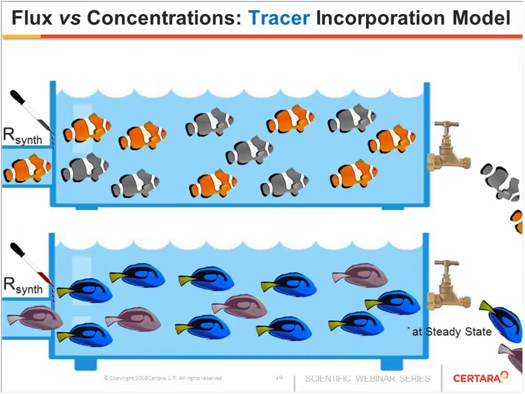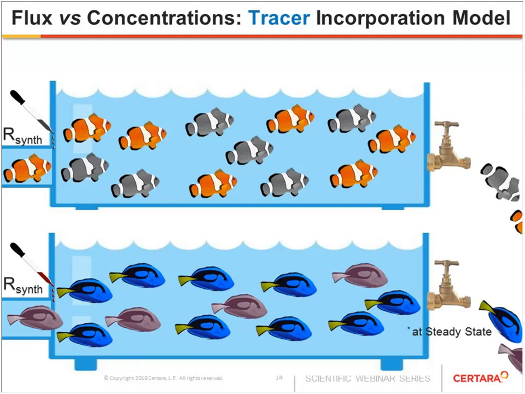And now for completion, let me talk about a different methodology that is typically done in biomarker research, and that is the tracer incorporation model. It is a tracer kinetic approach where we administer a precursor that gets incorporated into a certain biological pathway.